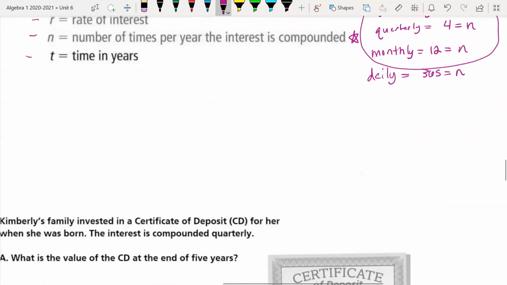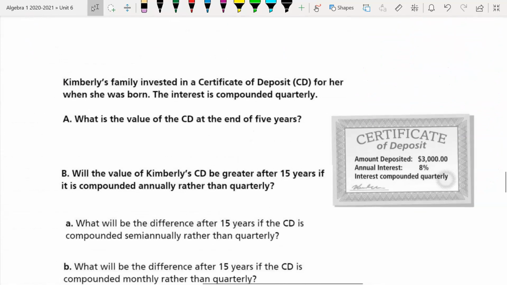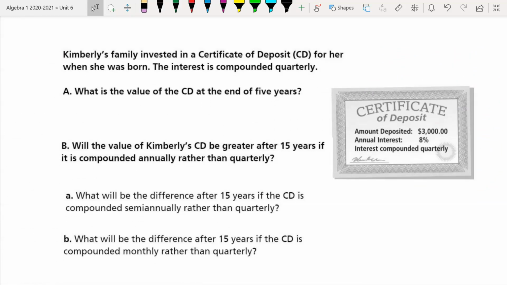So then they give you some problems. Kimberly's family invested in a certificate of deposit for her when she was born. The interest is compounded quarterly. That's a key word. Quarterly. That means my N is going to be a 4. So it says, what is the value of the CD at the end of 5 years?